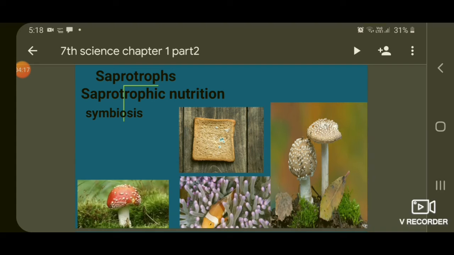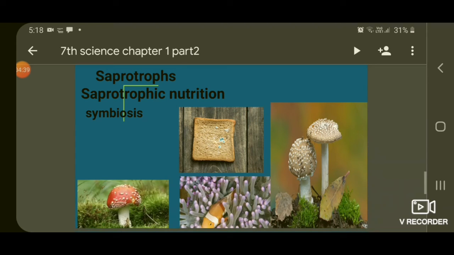Okay, children. Then the main topic is what is symbiosis. Some organisms live together and share both shelter and nutrients. This relationship we call symbiosis.